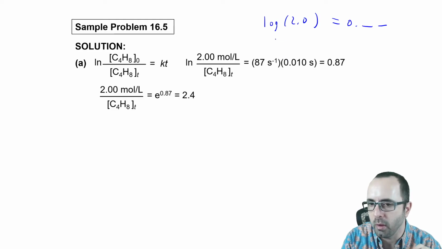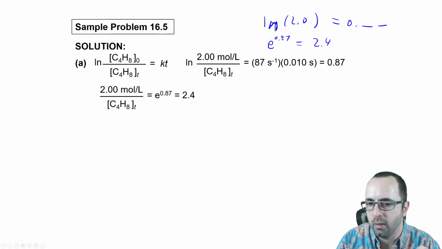And if you're doing the opposite, and this could be ln too, log or ln, it doesn't matter, and you're doing e to the power or 10 to the power, an exponent, however many decimals it has, like 0.87 here, your result should have that many Sig Figs. So that's why the 2.4 is appropriate there.